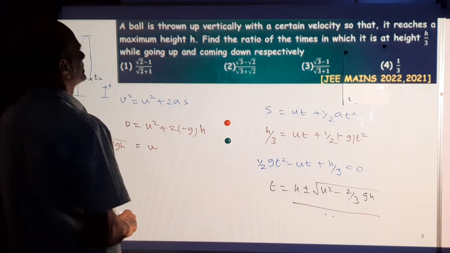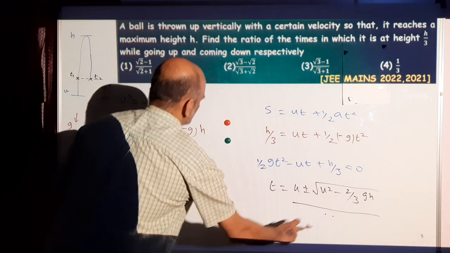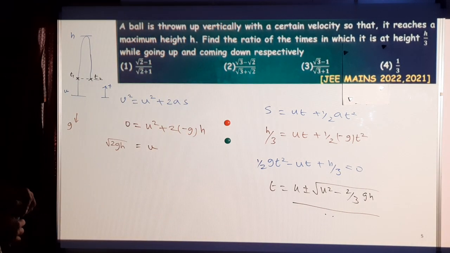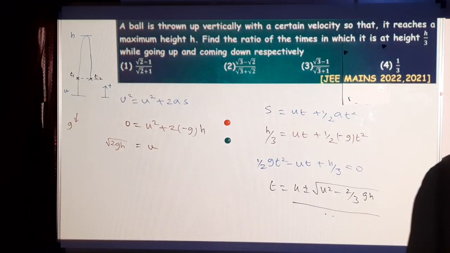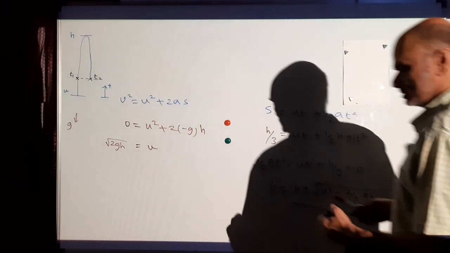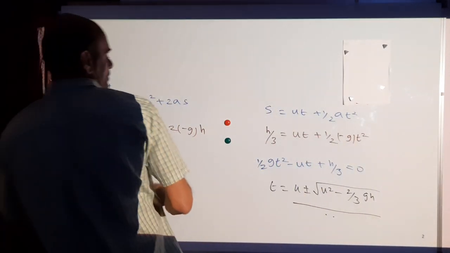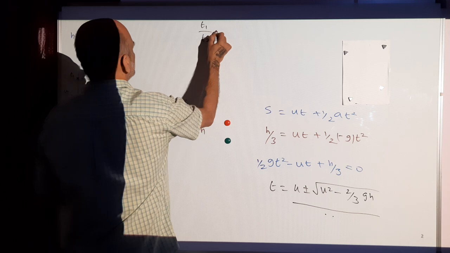What I need is the ratio of times T1 by T2. Denominator is same, they will cancel. So I can get T1 by T2.